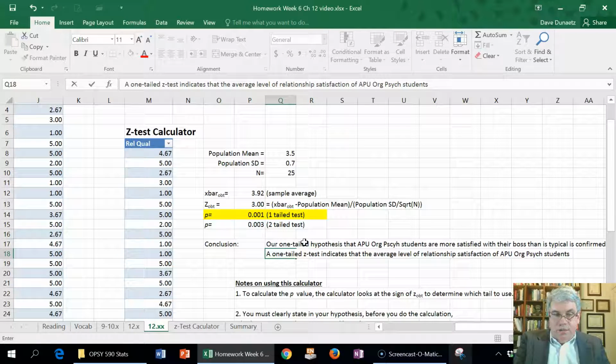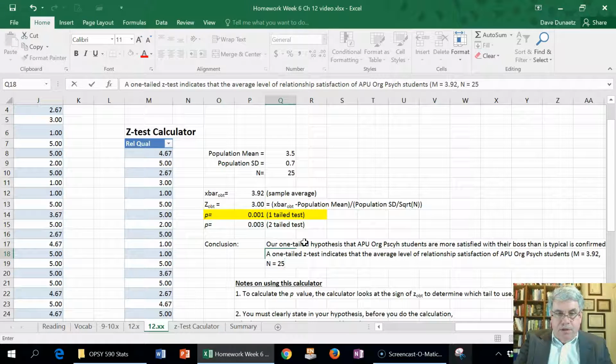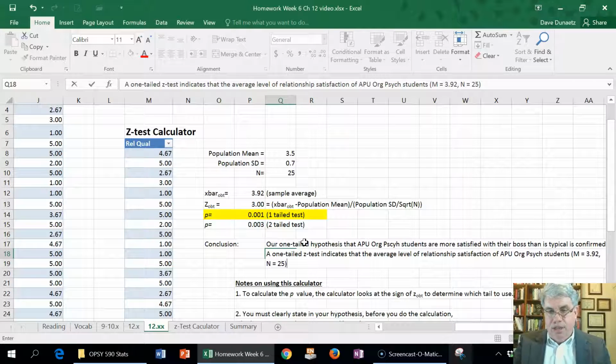And so that's, what do we have? We have mean, that's the APA form abbreviation, equals 3.92, and the mean 3.92, n equals 25. The sample size is 25. Be sure to put spaces before and after the equal sign.